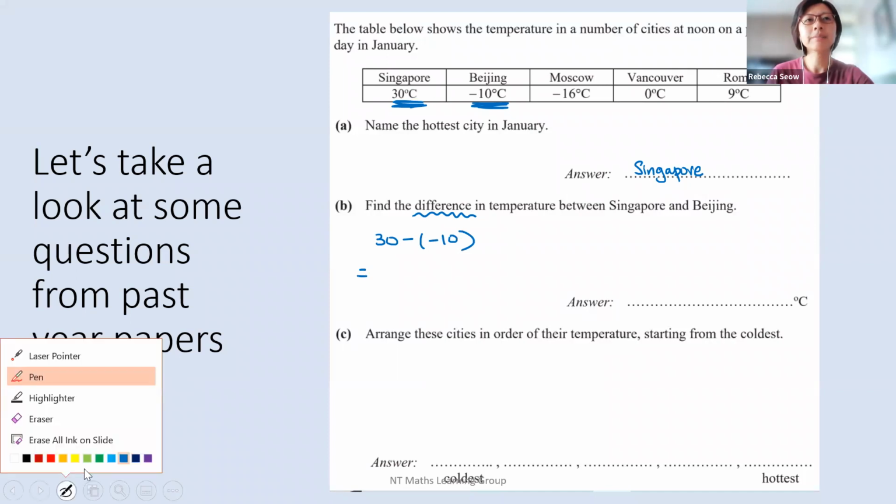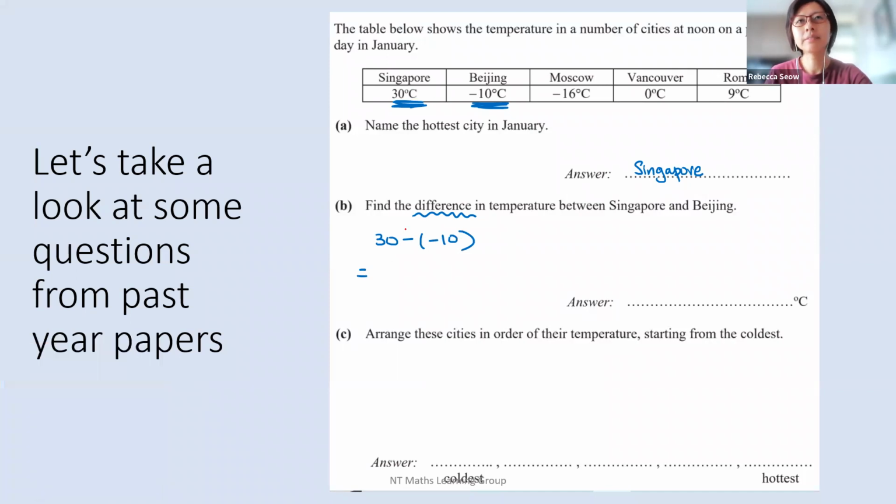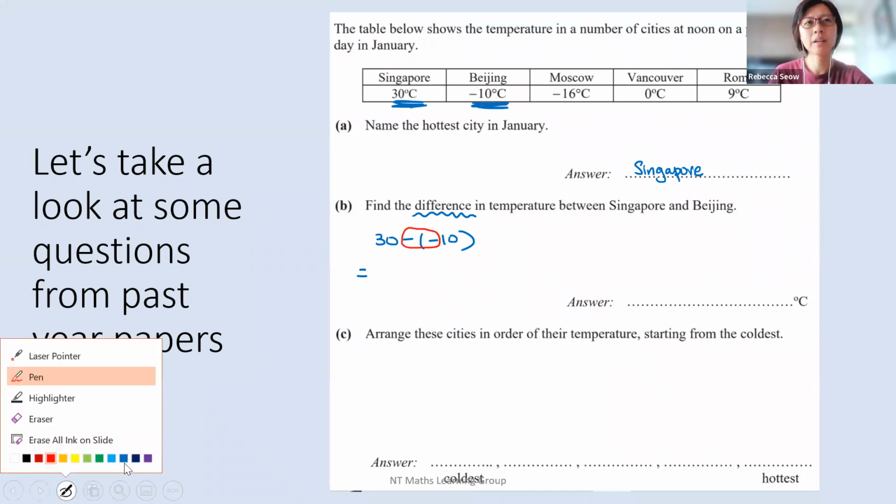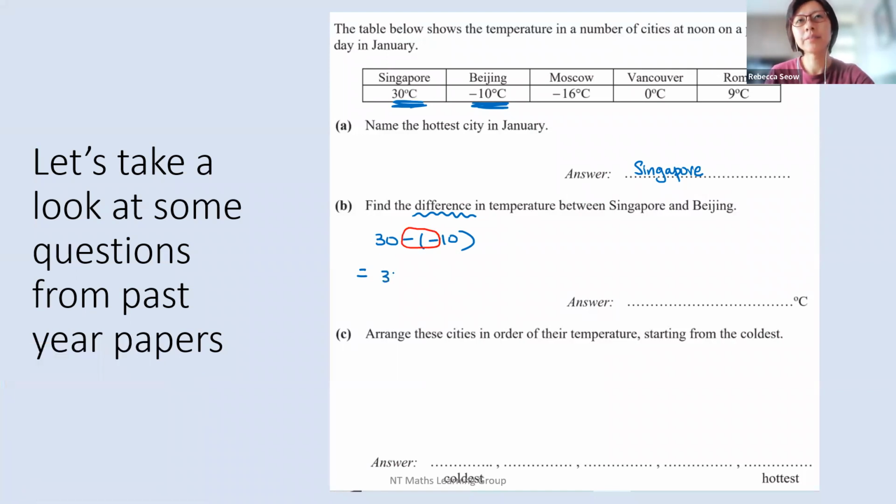So we see subtraction of a negative number. We can rewrite this as 30 plus 10. So that gives us 40. So answer is 40 degrees Celsius.